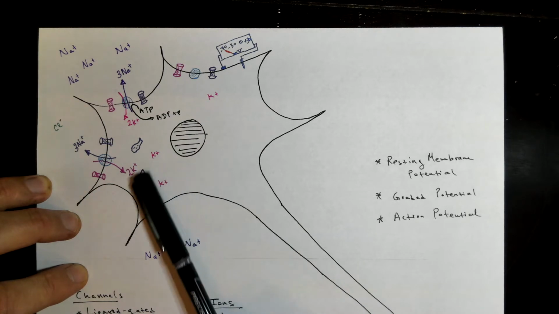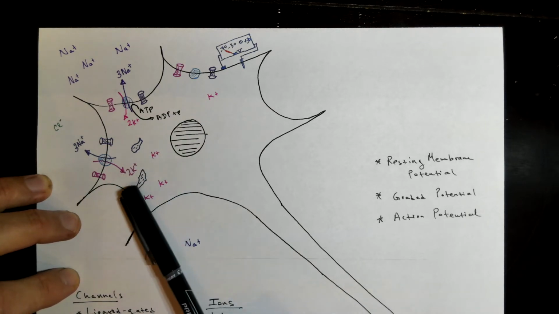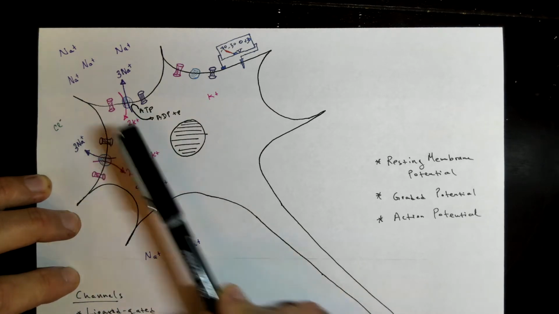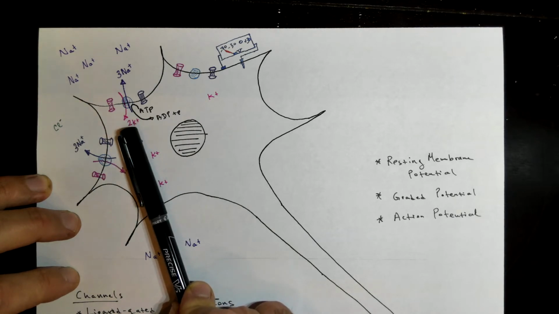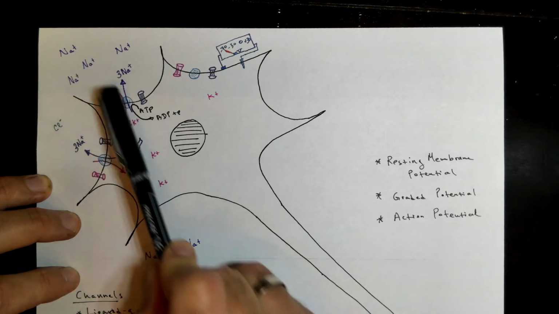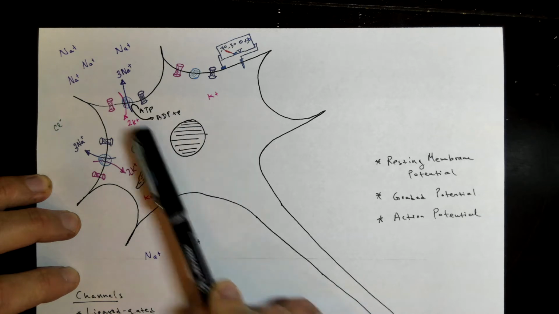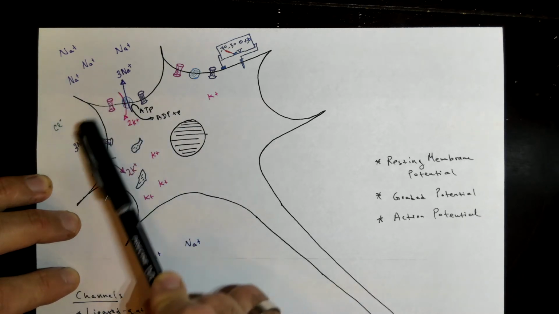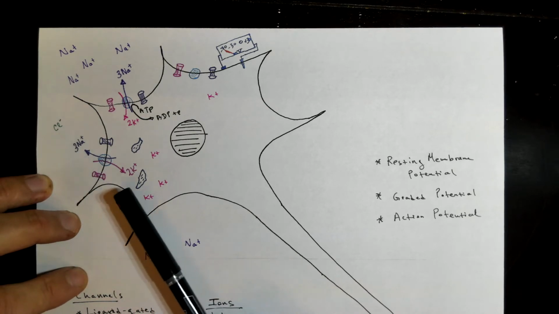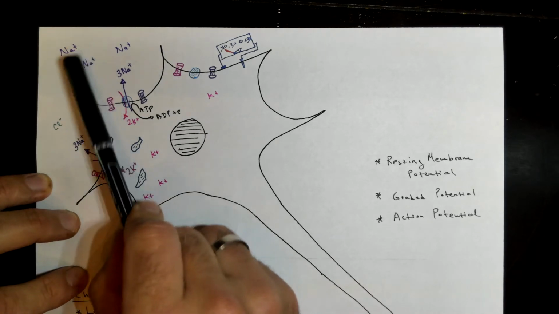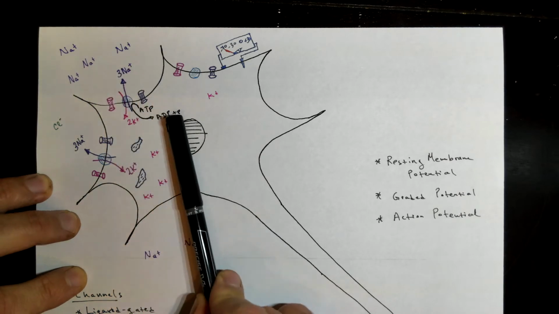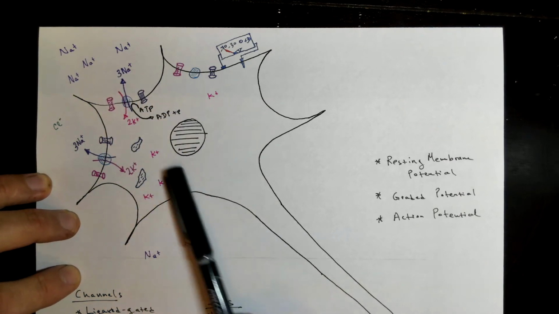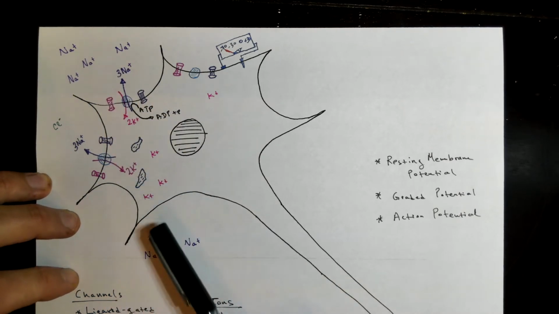If you have a lot of potassium on the inside, it's going to want to go out. So by using this sodium-potassium pump and creating this situation where you are not in equilibrium, this will create a potential, meaning that now if we allow for the sodium to go in, it will go in. If we allow for the potassium to go out, it will go out.